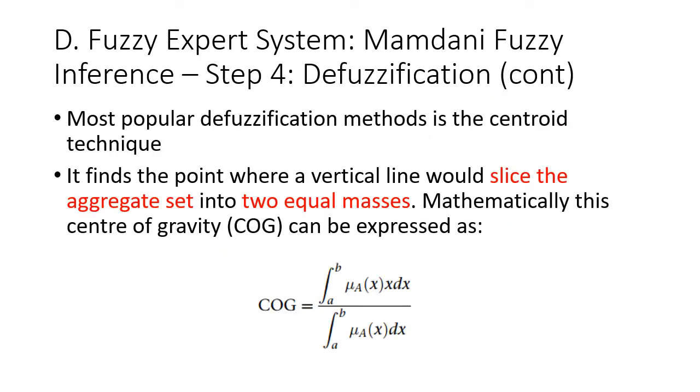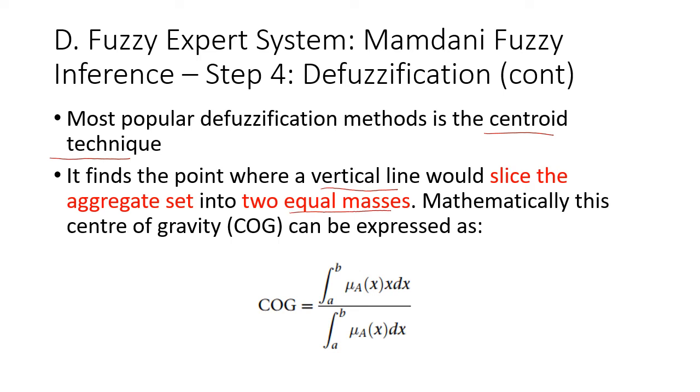So in order to find this crisp value as output, we need to do defuzzification, and the most popular technique is called the centroid technique. The centroid technique is where we find a point in the aggregate set where if we draw a vertical line, it will slice it into 2 equal halves.